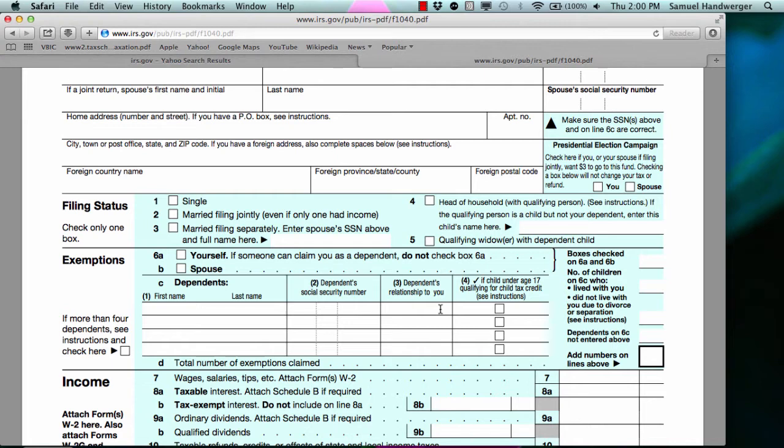Some of the choices will be son, daughter who live with you. Other, qualifying relative, could be another choice. And other than that, could be parent, could be non-relative.